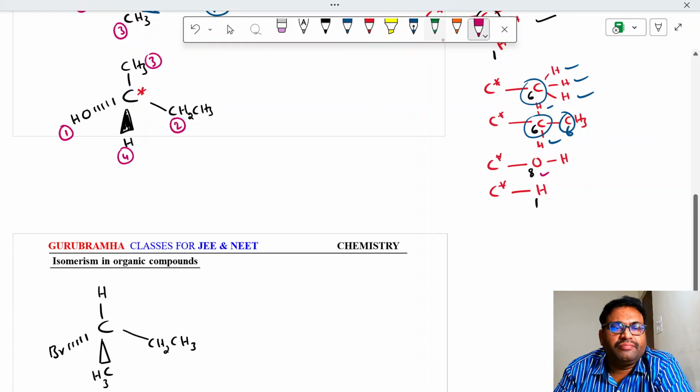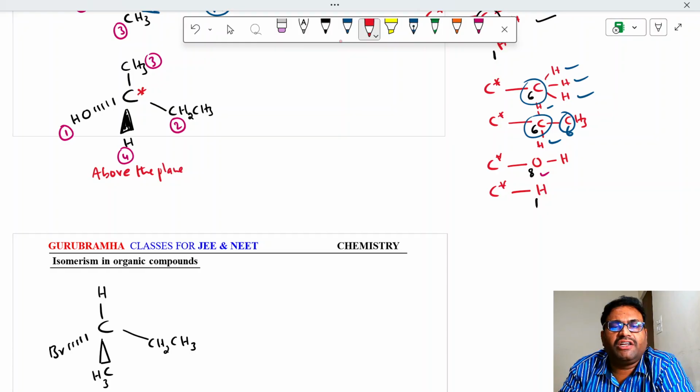But now this hydrogen is not away from the plane. It is above the plane. So the least priority group here is above the plane.